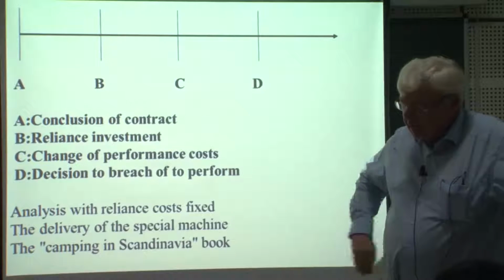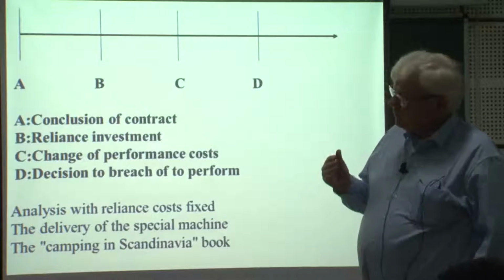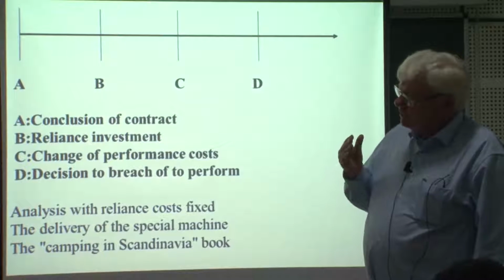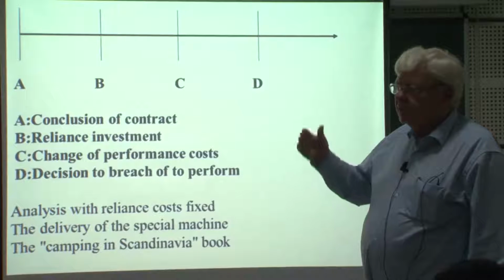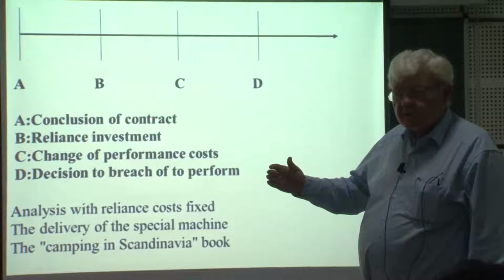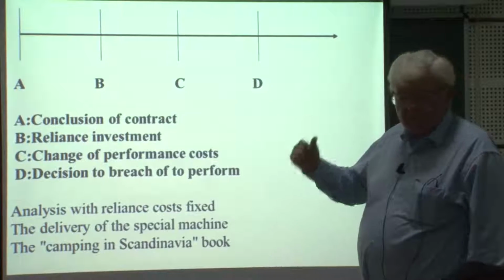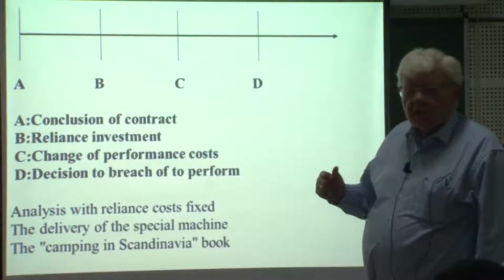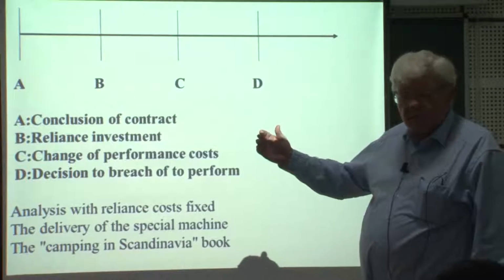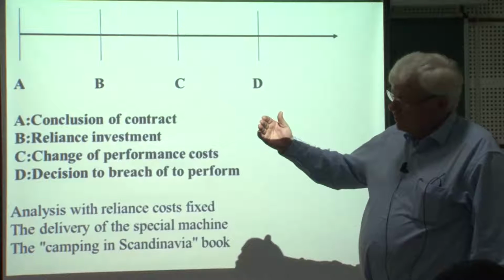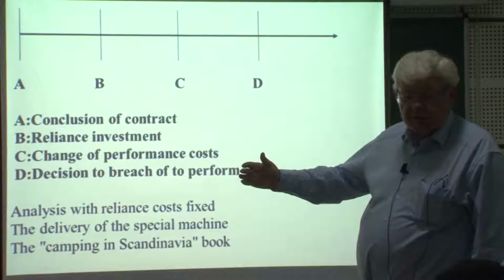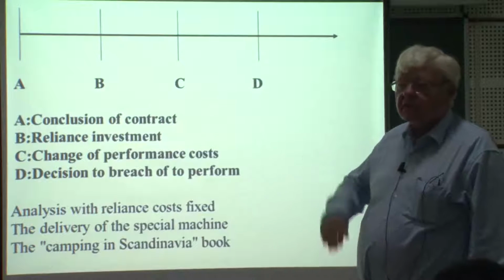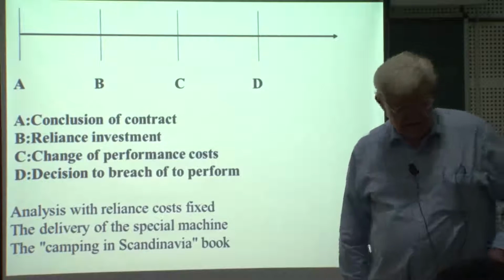So the costs are 80, 100 is the price, the cost for the solid cement construction is 10, and the value of the machine for the company is 150. Okay.